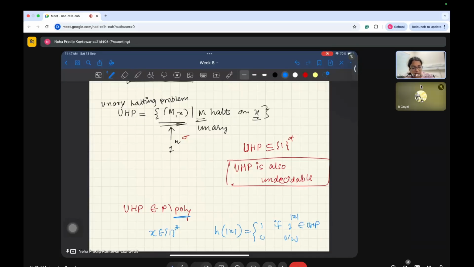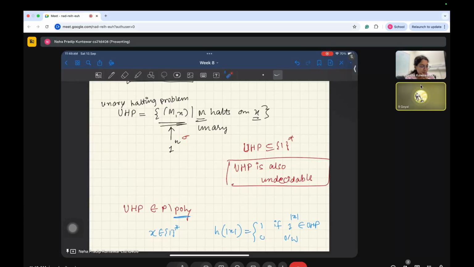So it's basically telling us the membership of that string in UHP. The input itself is the length, because we only have one alphabet symbol, so there cannot be two inputs of the same length.